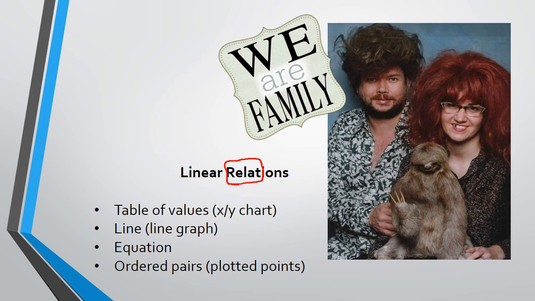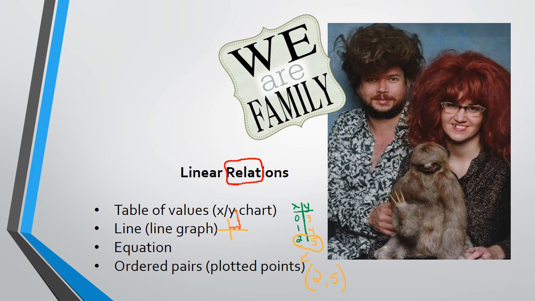A table of values, that XY chart, right, where you've got numbers down the side, is, once you get those numbers filled in, you can turn those into plotted points, those ordered pairs, so that the 2 and the 5, we could say, well, that's 2, 5, and that can be shown on a graph. 1, 2, 3, 4, 5, right?